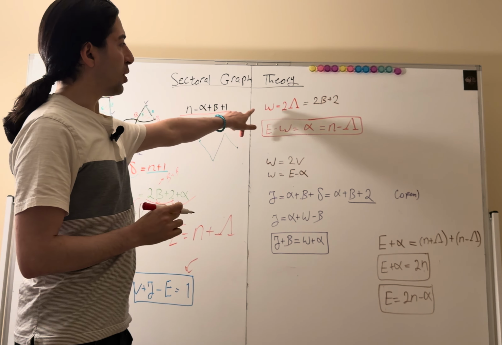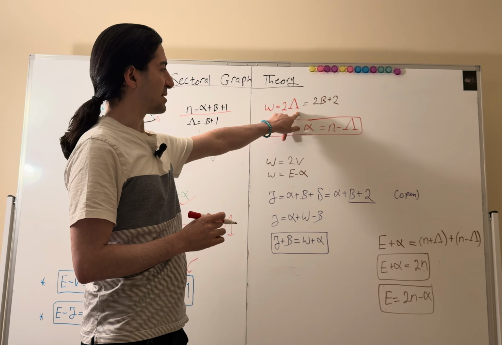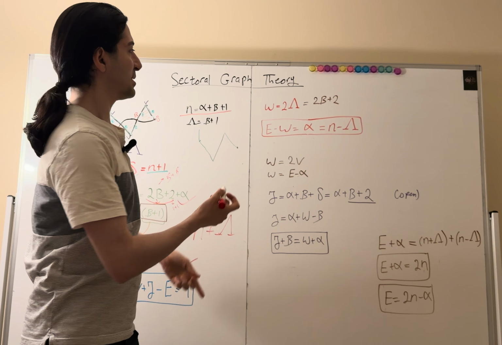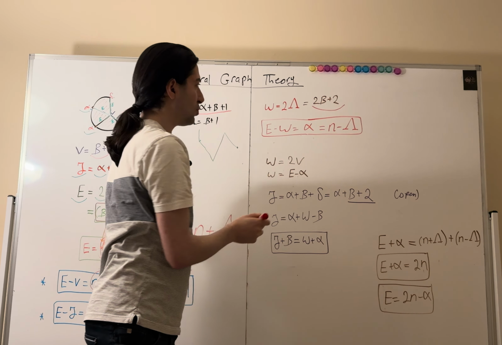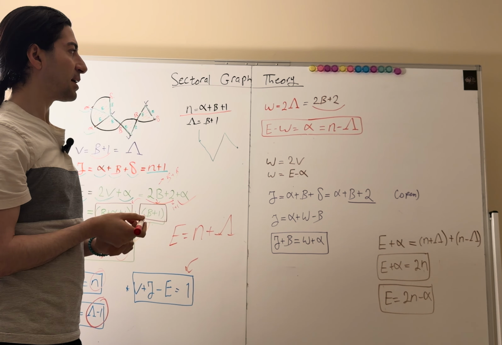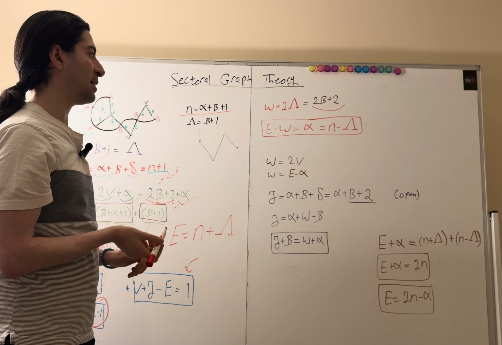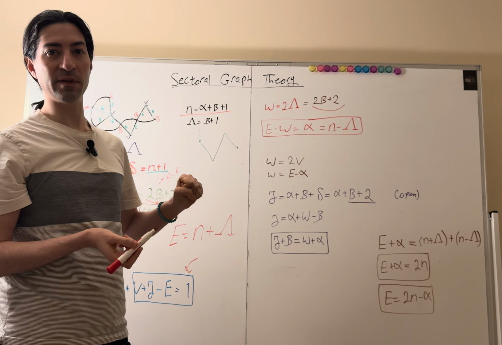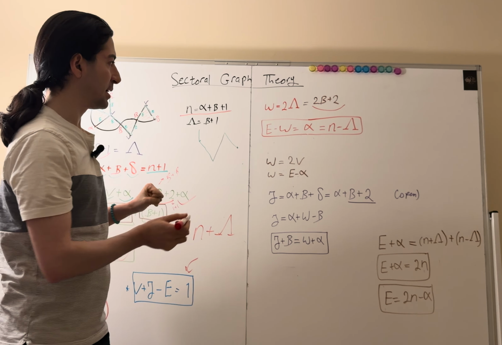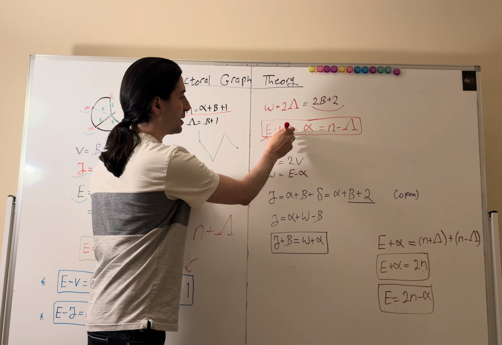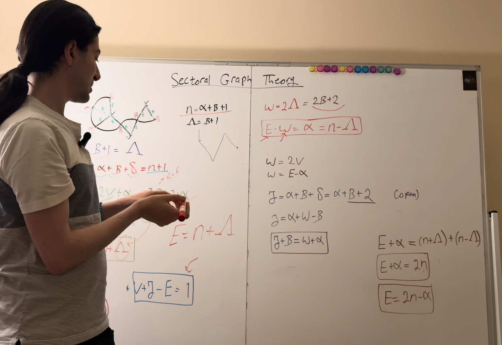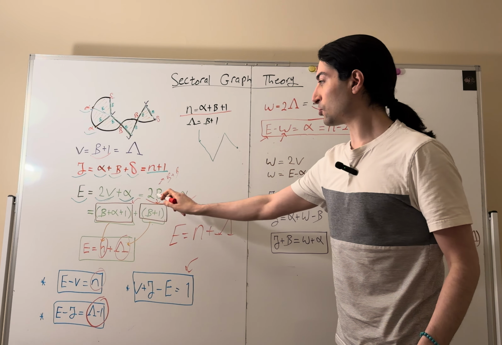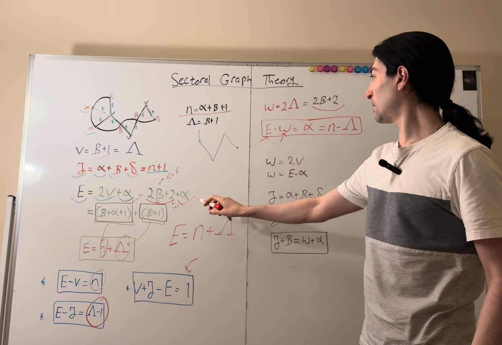We said that the walk is equal to 2 times lambda, or 2 times v as well, which is equal to 2 beta plus 2. We've seen this just now. So what happens when we subtract the walk out of the total number of edges? So E minus W, we can use this rule here. We know that E is 2 beta plus 2 plus alpha.